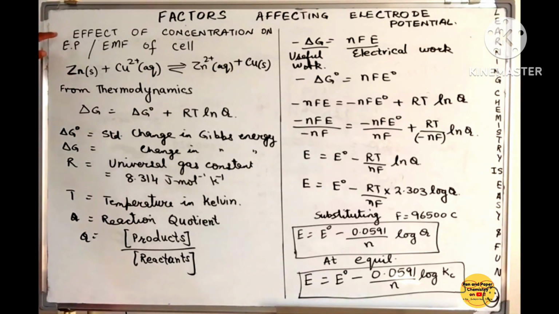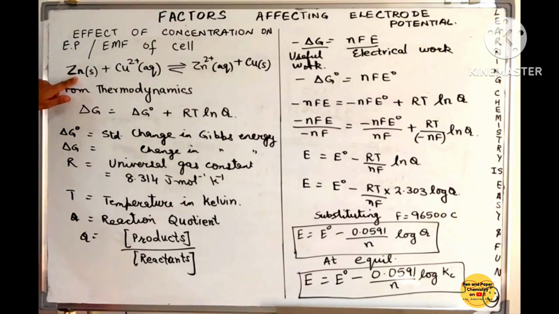And that is the effect of concentration on electrode potential or the EMF of a cell. We know that the EMF of a cell definitely depends upon the electrode potential. So I'll build on what we already know to zero in on something which is new for you.